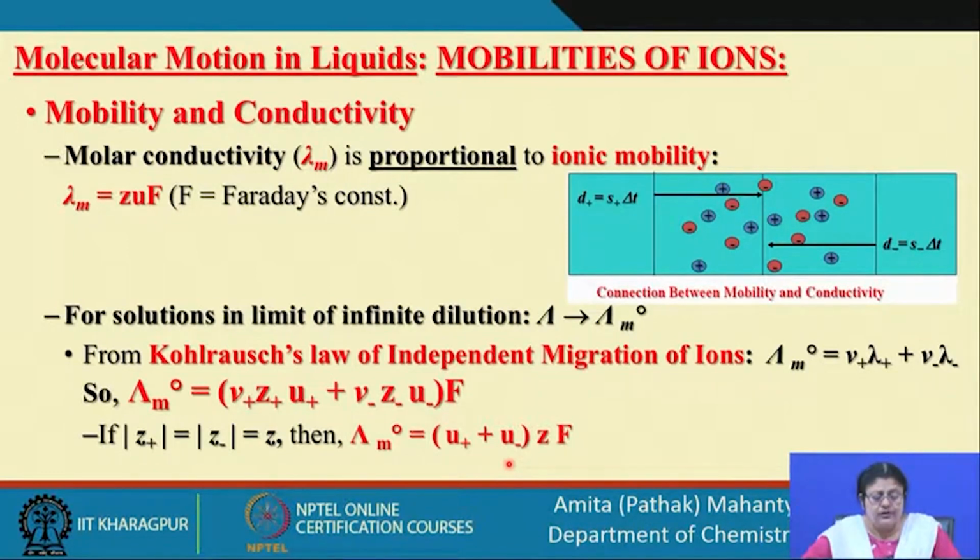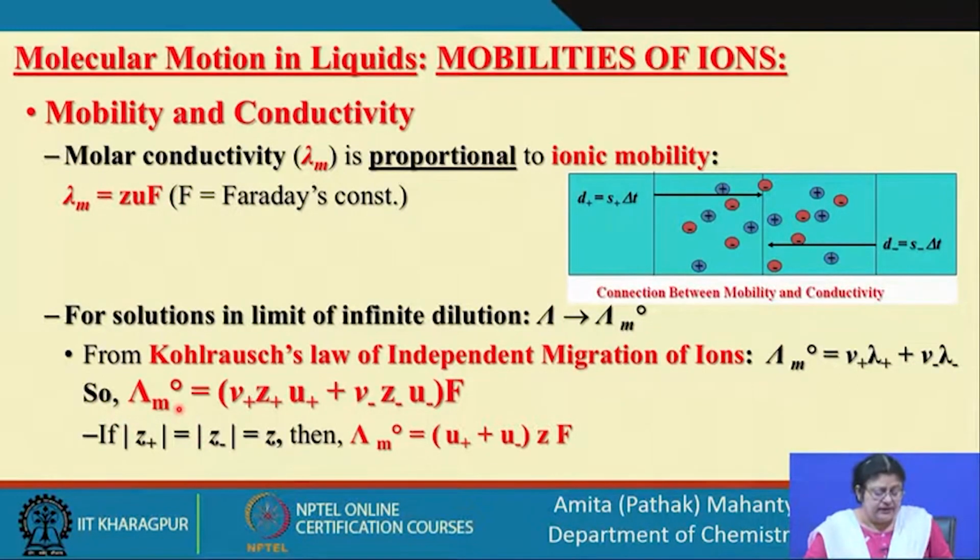From the Grotthuss law of independent migration of ions, we can represent the molar conductance as the number of formula units for that particular ion times that of the cation plus that of the anion. Hence we can rewrite the molar conductance, writing the capital lambda.